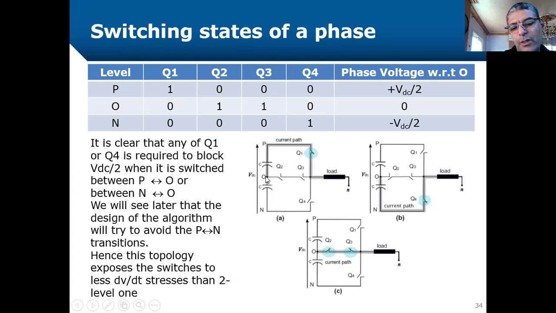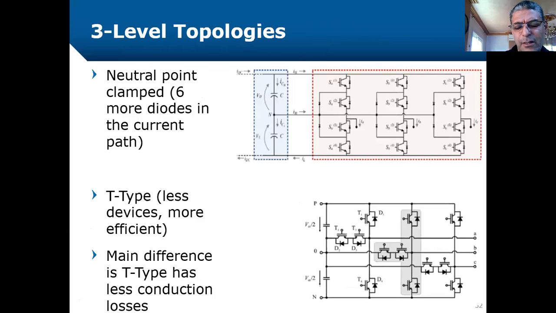To connect the load to the O point, we need only to connect Q2 and Q3. Look, why Q2 and Q3? We need to go back here. Q2 and Q3, because each single transistor is not able, alone, to carry the current in both directions.